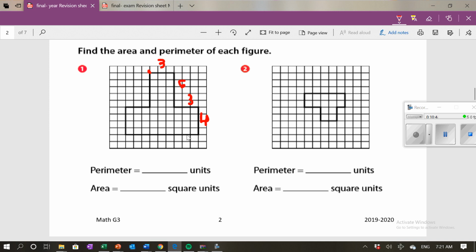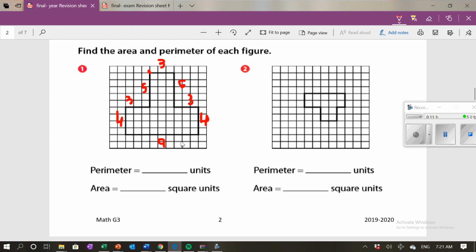It is 1, 2, 3, 4, 5, 6, 7, 8, 9. It is 1, 2, 3, 4. It is 1, 2, 3 also. And it is 5 because they are opposite and they are the same.